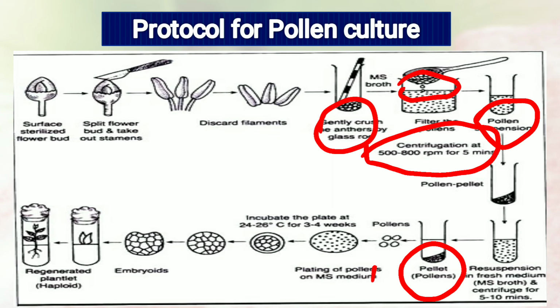The embryos ultimately give rise to haploid plantlets. Haploid plants are then incubated at 27 degrees centigrade for 16 hours of daylight at about 2000 lux, and plantlets at maturity are transferred to the soil as described in anther culture.